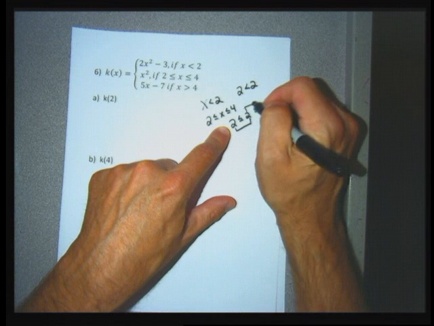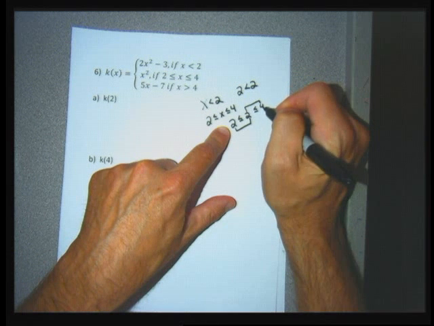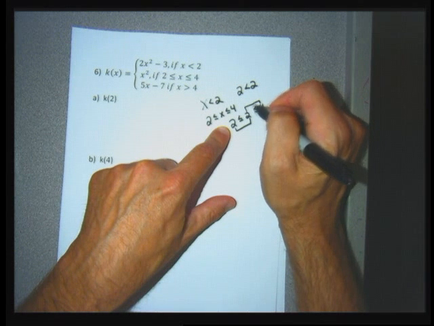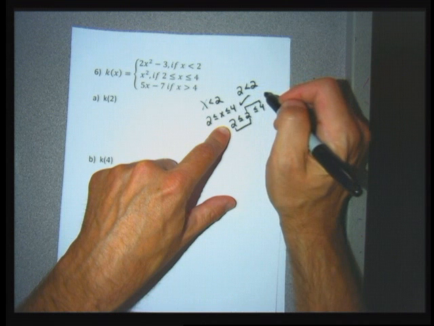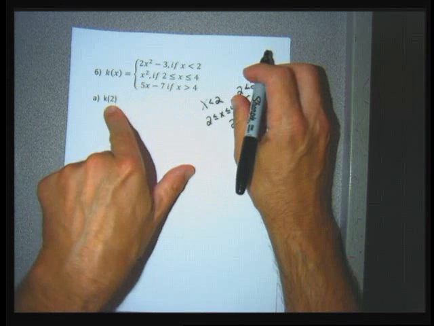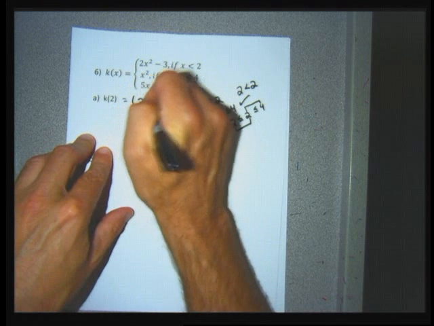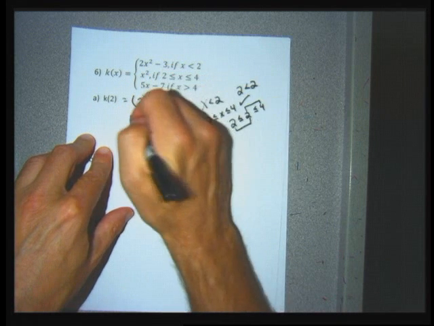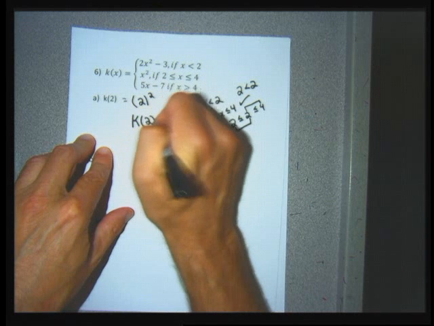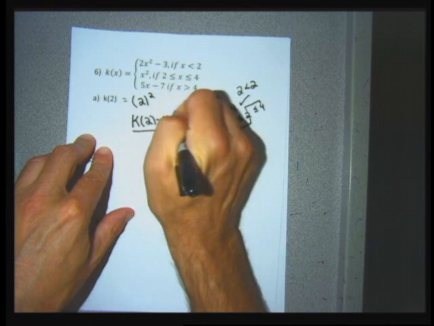And this statement is also true that 2 is less than or equal to 4 because it satisfies the less than part. So the middle piece is true. So I'm going to plug this 2 into the x squared, and I'm going to say k of 2 equals 2 squared, and my answer to 6a is going to be k of 2 equal to 4.